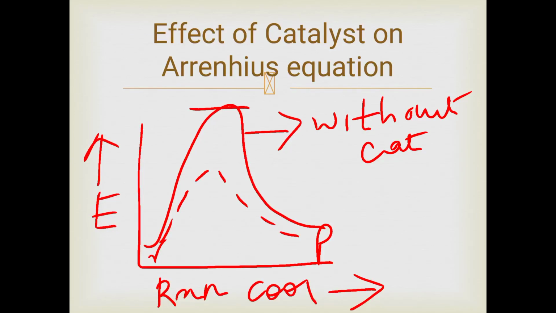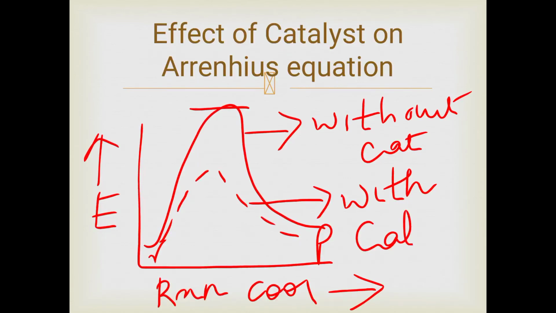It will have a lower transition state and it will come to the product at a faster rate. So this is the one with catalyst.